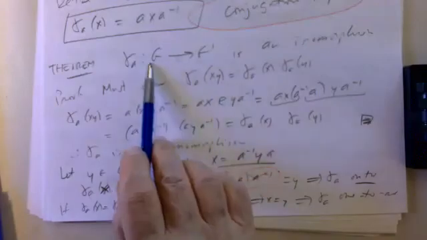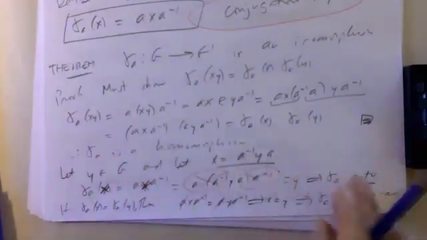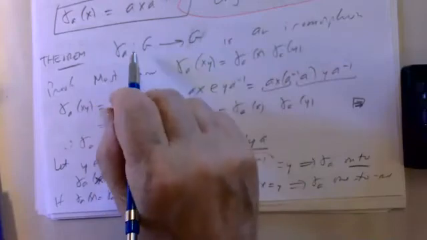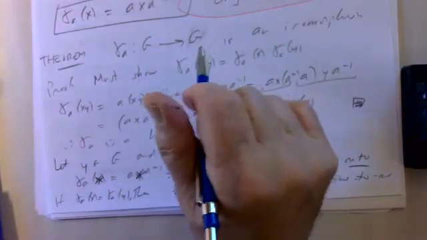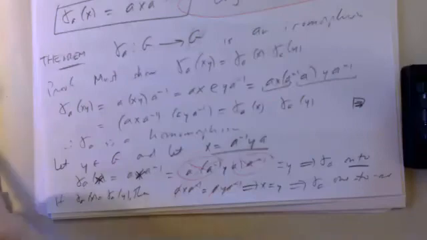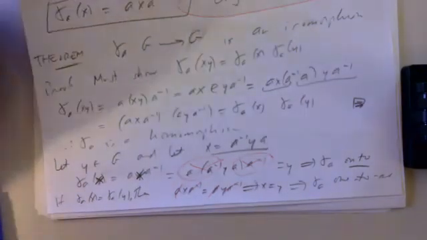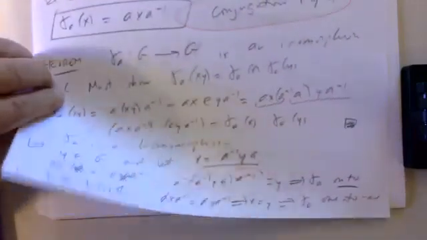So this operation of conjugation by the element a is a homomorphism from the group to itself. No G prime over there, this is just G. It's onto and it's 1 to 1, so it's an isomorphism. This is another very nice example of an isomorphism of a group.